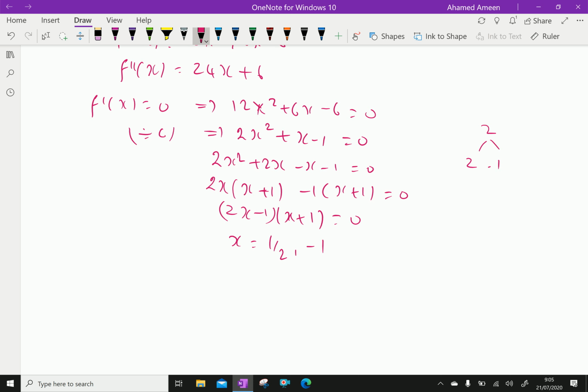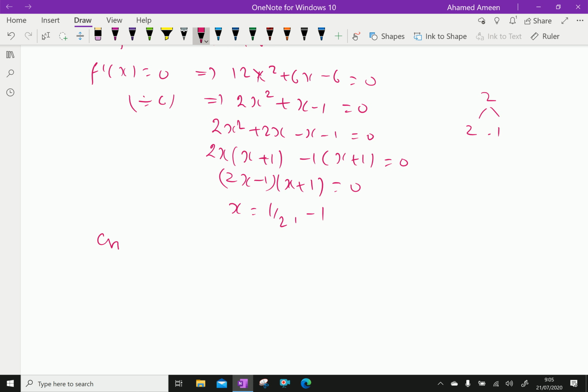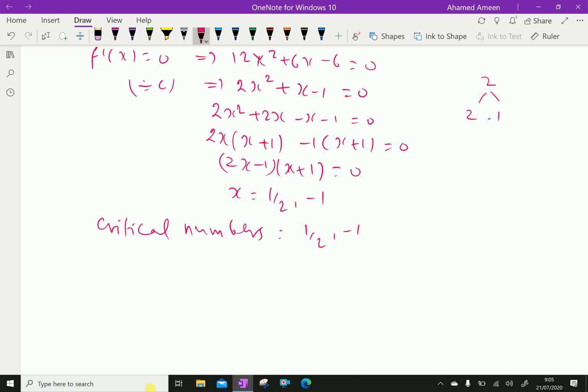Therefore critical numbers are half and minus 1. Now the possible intervals.